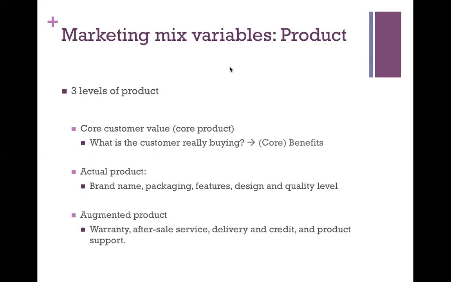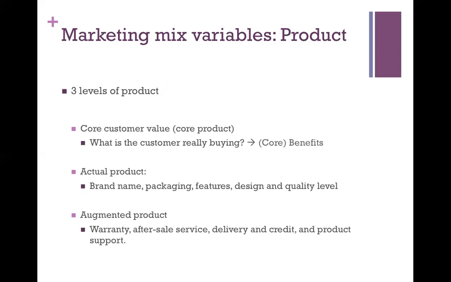Okay, now first, when it comes to translating the positioning strategy, we need to look at the product. And when it comes to product, this is the concept that you need to include, the 3 levels of products. They include core customer value or core product. Some authors use the term core product.